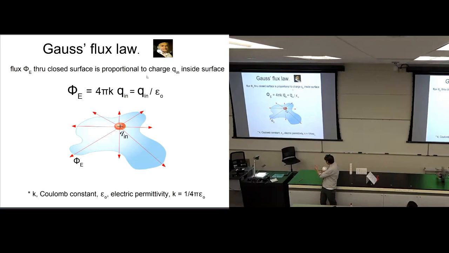And Gauss's law just says that the flux of these field lines through that surface is equal to the charge inside that surface multiplied by 4 pi Coulomb constant or divided by electric permittivity of free space. So either way. So that's a picture of Gauss's law. I think it's really a wonderful law, and what you can use it for. And we'll see that.